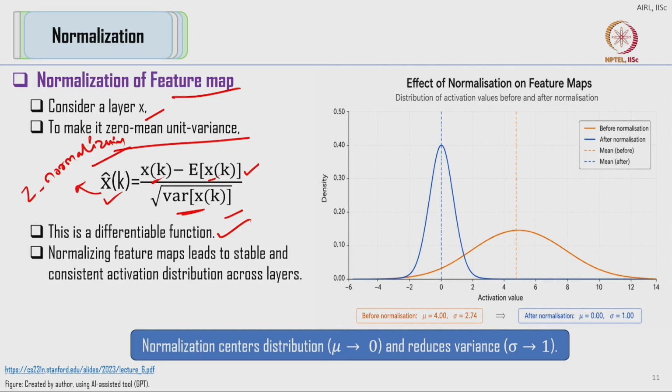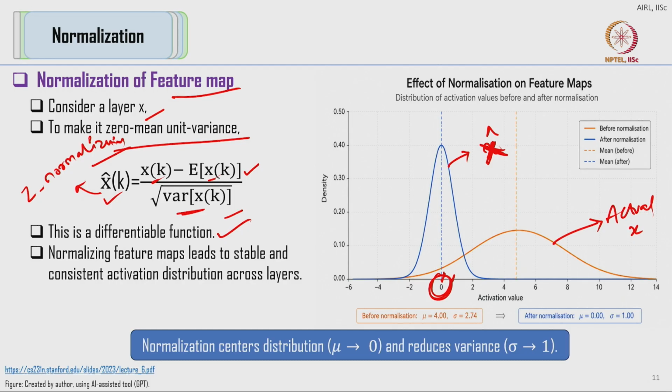Now what are the effects of normalizing a feature map? Let's assume we have the orange curve, which is the actual feature map, the actual X, and let's identify the blue one, which is given as X cap. Let's make it capital. X cap is the result after the normalization process, which means its mean is 0 and its standard deviation is 1.